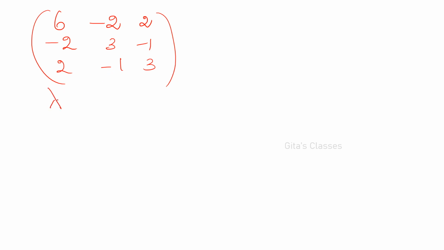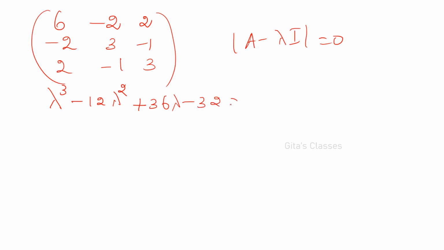So here you will get the equation. If you expand the determinant of A minus lambda I equal to 0, you will be getting this equation: lambda cube minus 12 lambda squared plus 36 lambda minus 32 equal to 0. When you substitute this in the calculator, you will be getting x1 equal to 8 and x2 equal to 2.